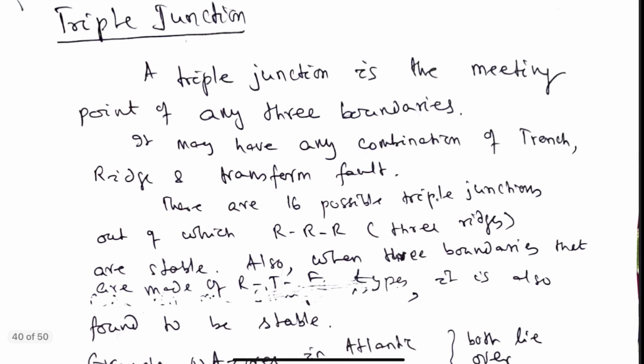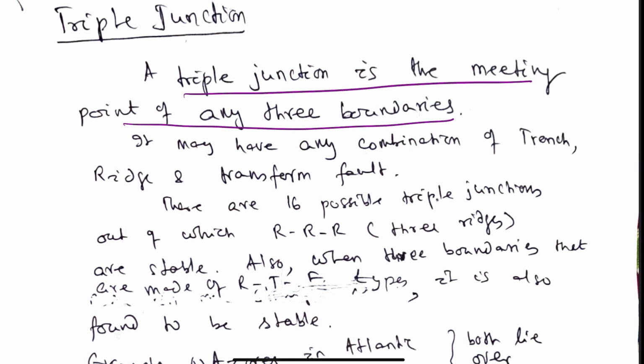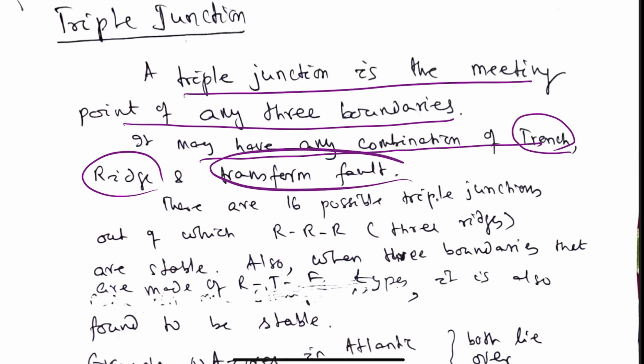Then let us see what a triple junction is. A triple junction is the meeting point of three plate boundaries. It may have any combination of the boundaries. The boundaries may be trench, ridge and transform fault. So any combination of these three can be expected in a triple junction. And the ridge type forms the most stable junction.